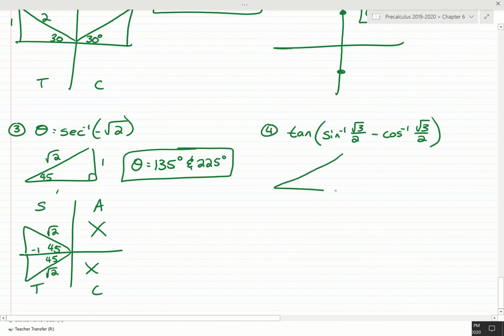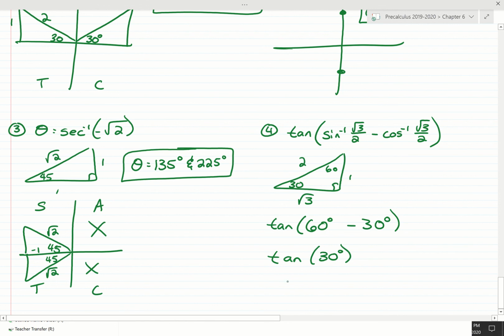Well, root 3 over 2 comes from this 30, 60, 90 triangle, 1, 2, and root 3. So what angle gives us a sine of root 3 over 2? Well, that would be 60 degrees. What angle gives us a cosine of root 3 over 2? That would be 30 degrees. 60 minus 30 is 30 degrees.